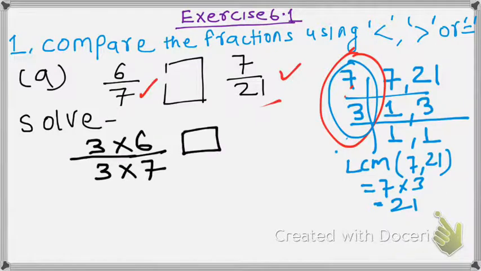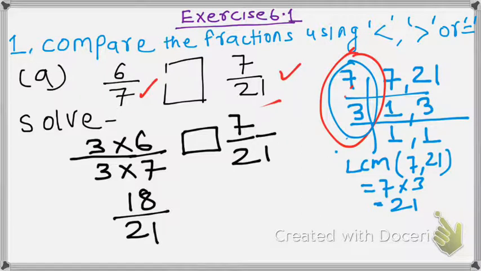On this side we don't need to multiply, because there is already 21 in the denominator. So here it will become 18 upon 21, and here it will become 7 upon 21.